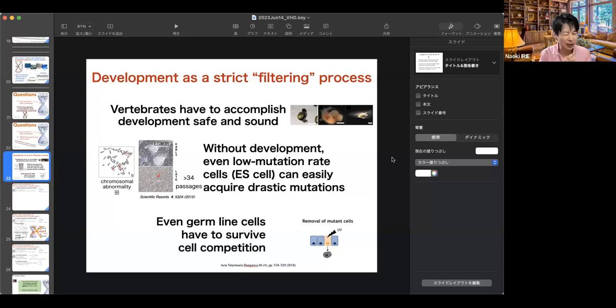And I guess it's because of the developmental system itself. So I'm curious about how these asexual and sexual reproduction, especially development, when species have to always go through development, what kind of limitations would result?